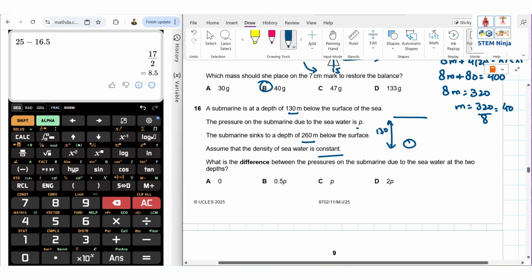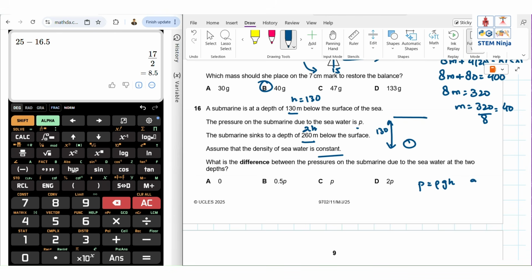So the thing to notice over here, if we say this is height equals 130, then 260 meters would be 2h. So we know that the pressure is written as rho g h at 130 meters. This is going to be the case.